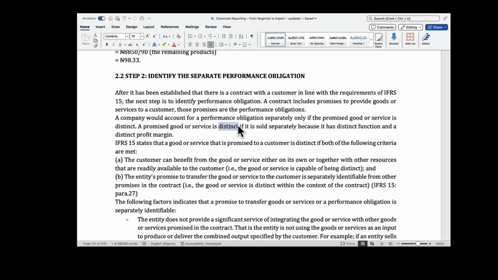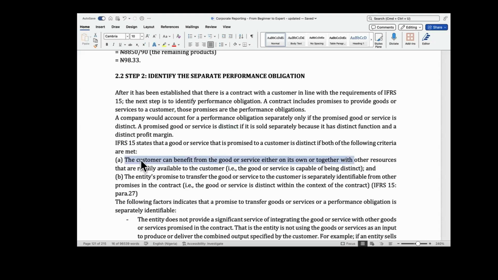So when we say distinct function, it means that the customer can benefit from the goods or services on its own or together with other resources that are readily available to the customer.